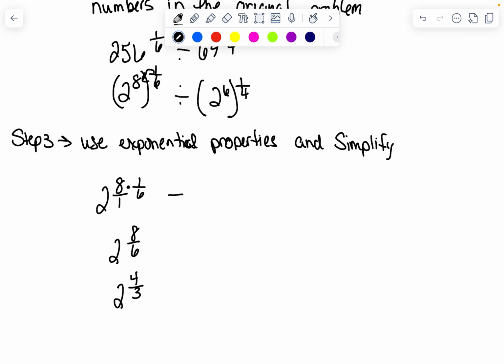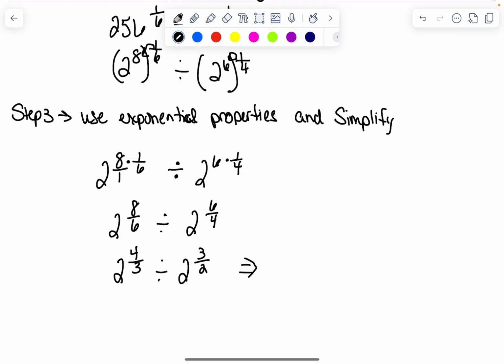And I would say is divided by, we'll distribute this one and multiply it across, 2 to the 6th times 1/4, which also would leave me with 2 to the 6 over 4. And simplified further would give me 2 to the 3/2. Now that I have 2 bases, I can put this in the form like we had done at another time.